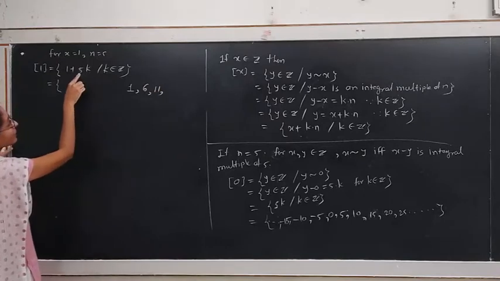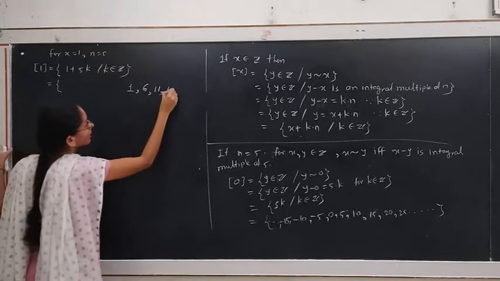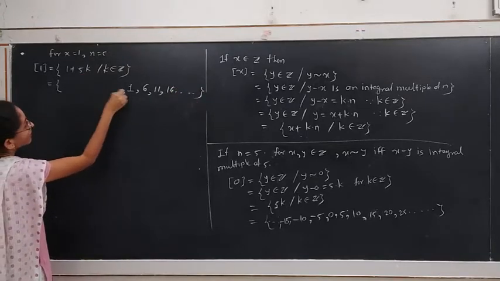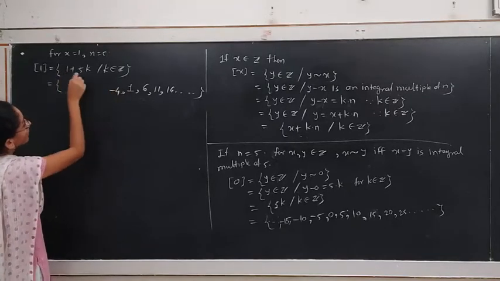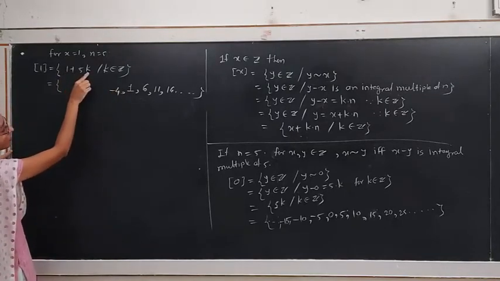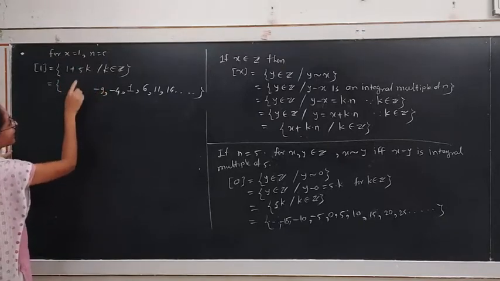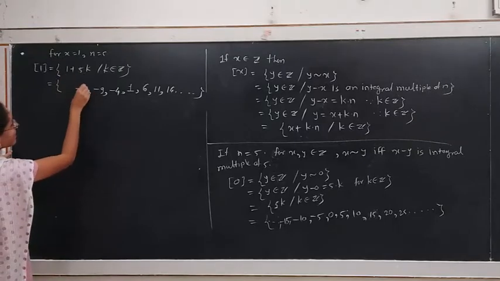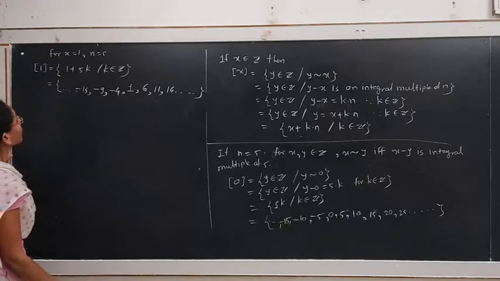For k equal to 3, we get 5 into 3, 15 plus 1 is 16, and so on. Also for k equal to minus 1, we get minus 5 plus 1 is minus 4. For k equal to minus 2, we get minus 10 plus 1 is minus 9. For k equal to minus 3, we get minus 15 plus 1 is minus 14, and so on. This is the equivalence class of 1.